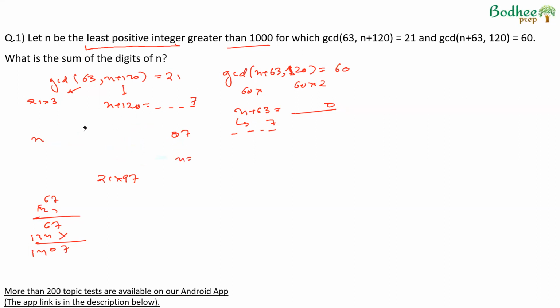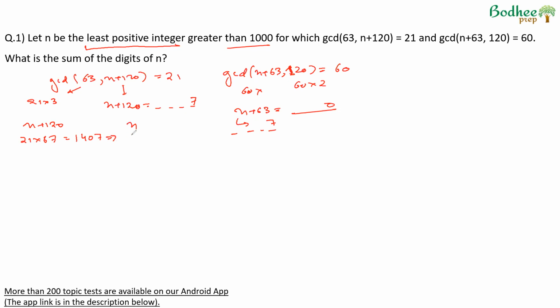Let me write this a little neatly so that there is lesser confusion. We are taking n plus 120 as 21 into 67, which gives the value of n plus 120 as 1407. So correspondingly, the value of n will be 1407 minus 120, which will give us the value of n as 1287.